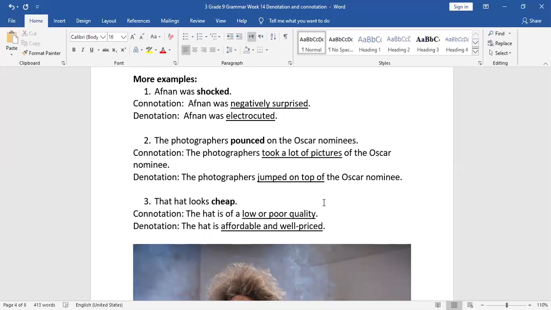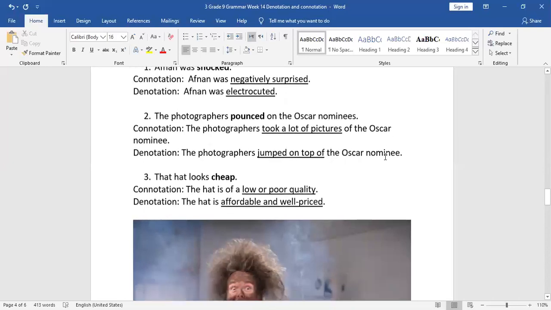So again, there are two meanings there: a connotation and a denotation. The denotation implies a negative meaning, where somebody is jumping on top of somebody else, causing them pain. But here it just means that they took a lot of pictures, the connotation.